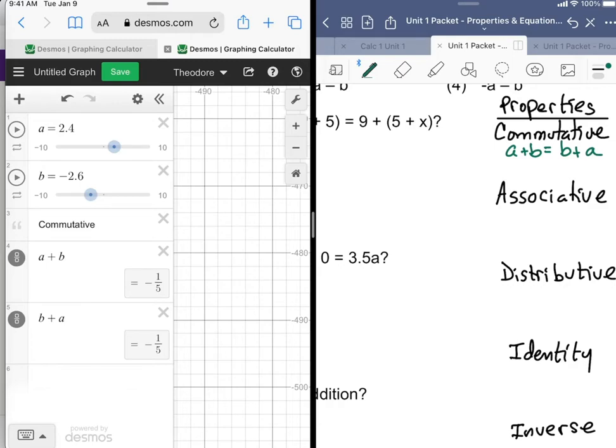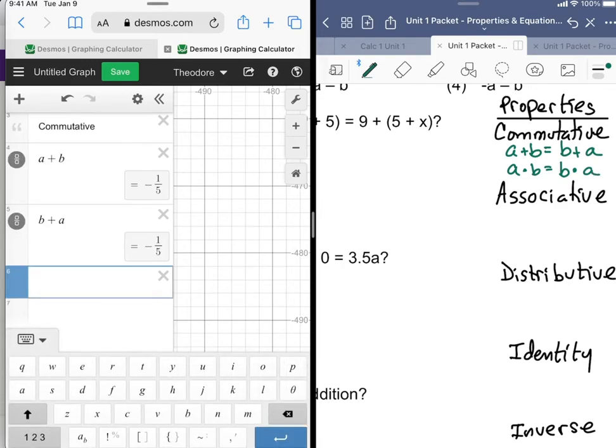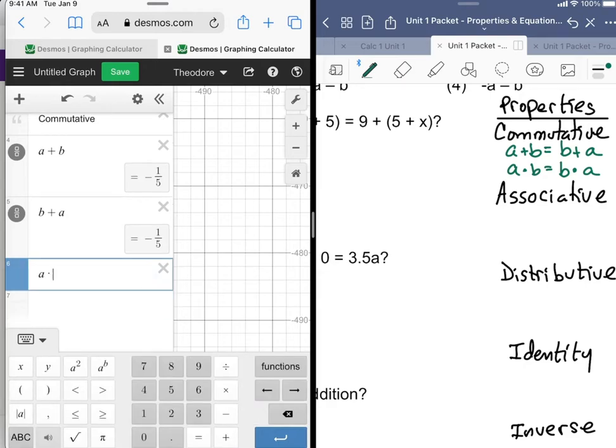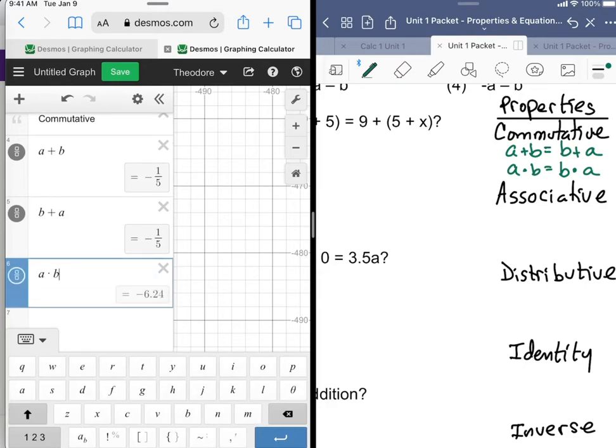We also have the commutative property of multiplication. A times B is equal to B times A. All right. So I can write that using multiplication symbol. Or I can write it just where the A and B are adjacent to one another. That would be the same thing without multiplication.